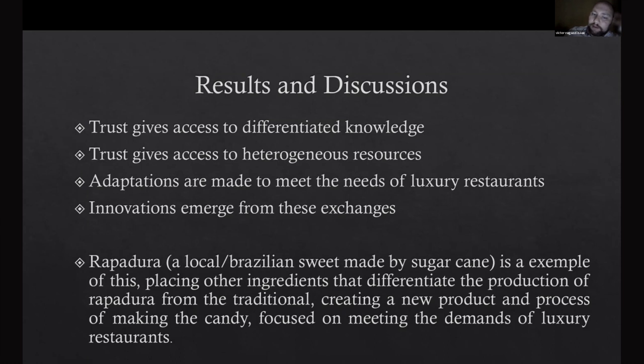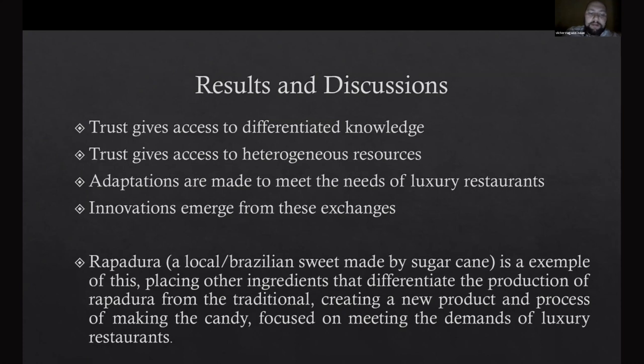Rapadura is a Brazilian sweet made from sugar cane, and it's an example of this innovation, because Adelmo makes it in a traditional way, just with sugar cane. And the chefs in the restaurants next to him asked to put in other ingredients to differentiate his product. So all these changes make possible the emergence of innovations and help the restaurants and the local producers to gain competitive advantages.